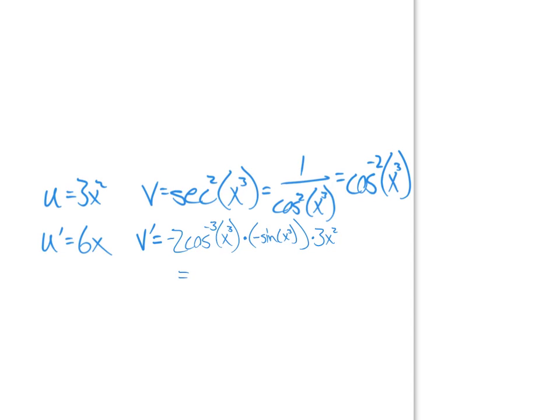Now I'd simplify a little bit. I have a negative and a negative, so that's a positive 6x squared times sine of x cubed. And since that cosine is to the negative power, I'm going to put it in the bottom as cosine cubed of x cubed in my denominator.